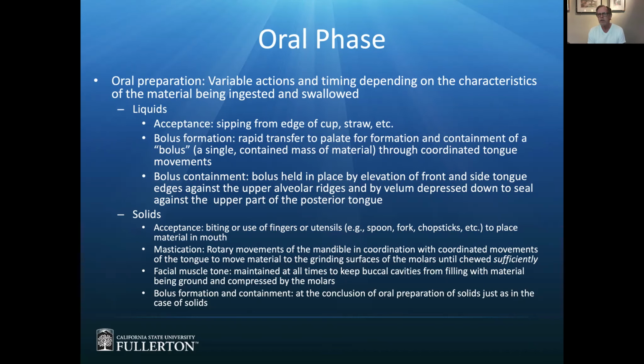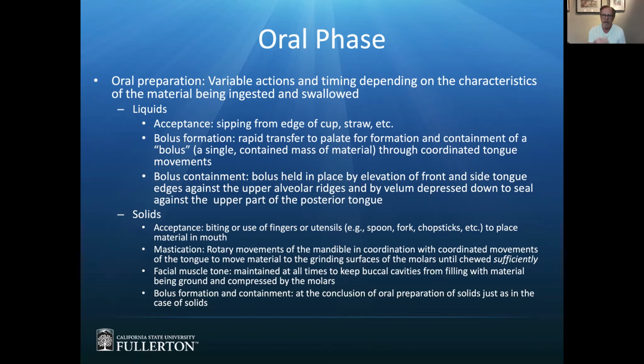So as you are sipping liquid from the edge of a cup, let us say, you have to form a bolus, a single cohesive mass of the liquid. And that involves rapidly transferring it to the palate to form it.